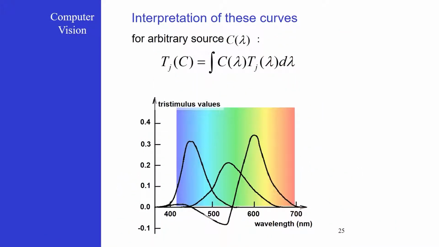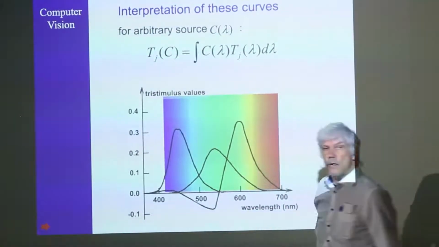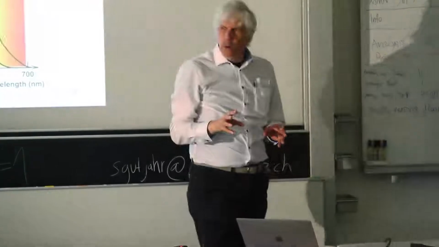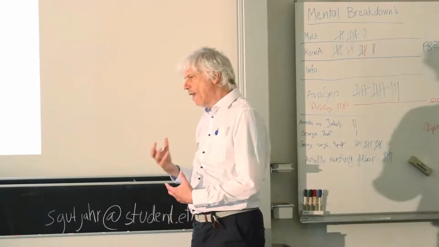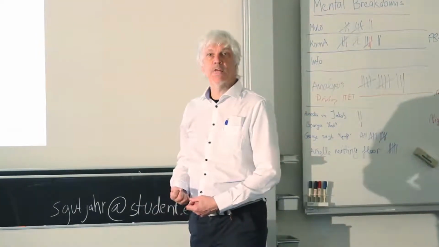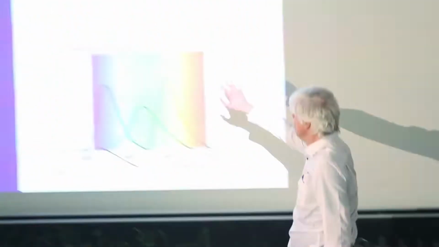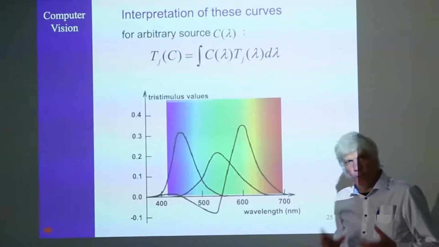Okay, here we see the use of the 3 spectral sampling curves that we just had: T1, T2, T3. These three guys here, okay? Because now, if you have these curves, it is much easier to calculate the two stimulus coordinates that we will get for a light source, C of lambda. Here it is again, our general light source C of lambda. You want to know the two stimulus coordinates for that light source.